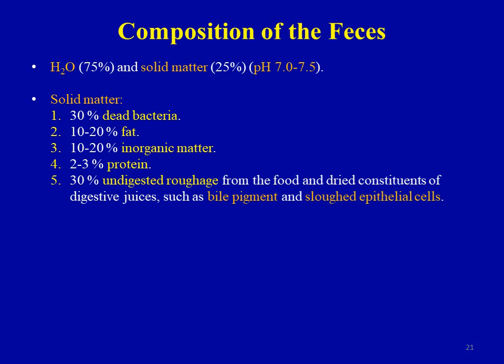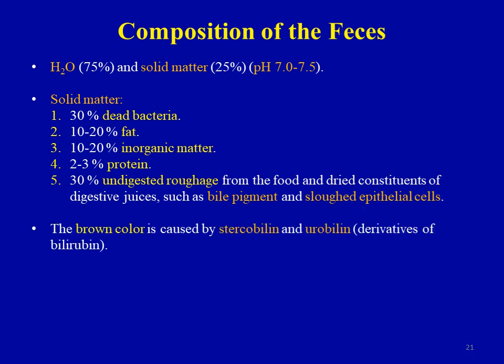is undigested roughage from the food and dried constituents of the digestive juices, such as bile pigments and the sloughed epithelial cells. We know that the alimentary canal throughout its length has stem cells, and the stem cells will divide by mitosis to produce new epithelial cells, so the old cells will be sloughed and lost in the fecal material.